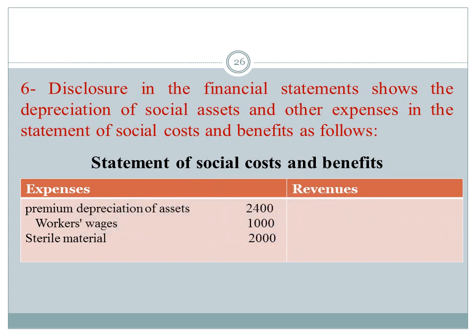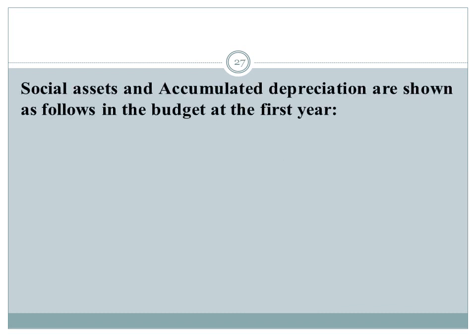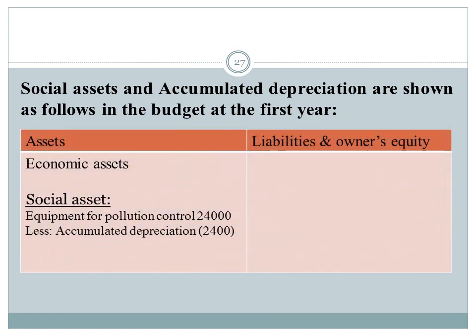Expenses: premium depreciation of assets 2,400, workers' wages 1,000, materials 2,000. The second statement, the balance sheet or budget, consists of assets, liabilities and owner's equity. Assets: economic assets, social assets. Social assets: equipment for pollution control 24,000, less accumulated depreciation 2,400.